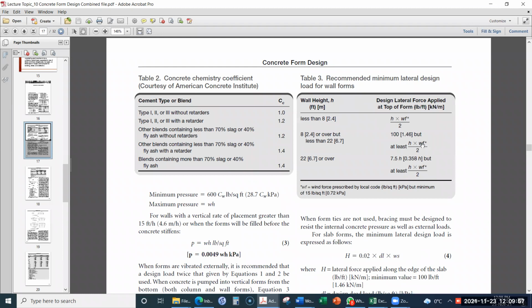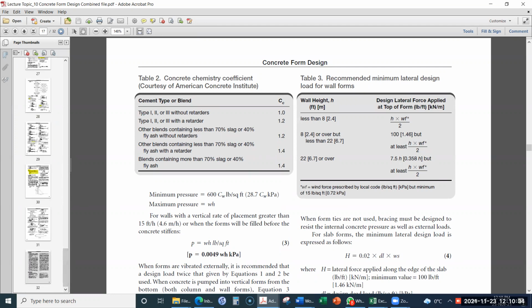WF is the wind force prescribed by the local code, which we can take as 0.72 over here. However, in the statement of the problem it is said that the values given by this table are more stringent. Therefore, we don't actually need to calculate H by WF by 2. We will take this 1.46 value over here. That's why this value of 1.46 was taken.